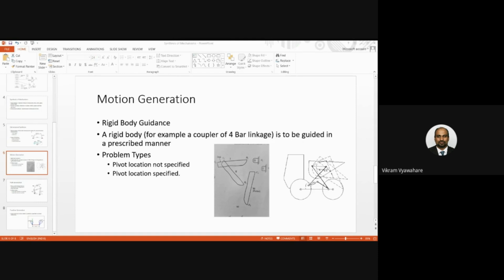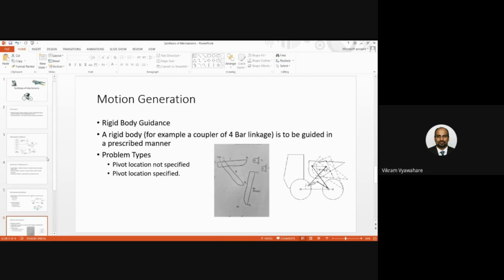We will not mainly focus on four position, but will consider specific cases of it, and we will also consider graphical synthesis of the slider crank mechanism. So mainly three position synthesis of the 4-bar mechanism, the slider crank mechanism, and also four position synthesis for the 4-bar mechanism. That is the scope we are going to discuss in the syllabus.